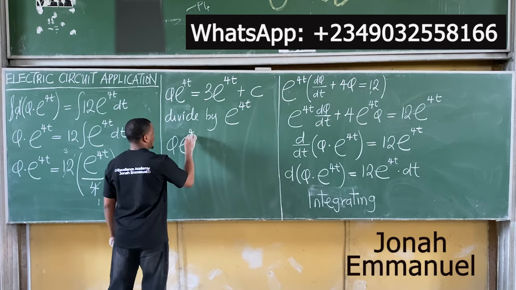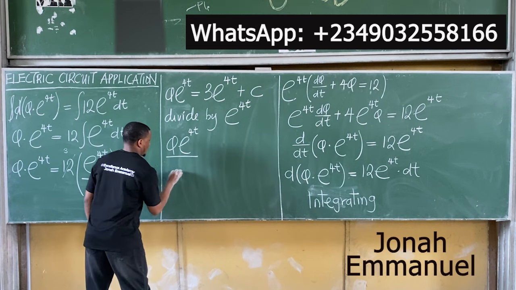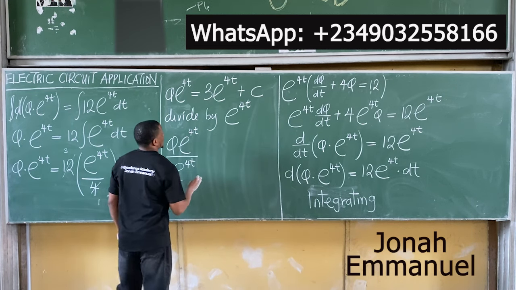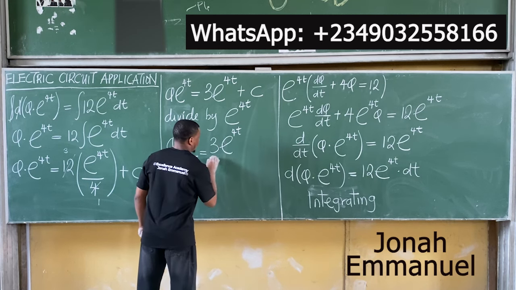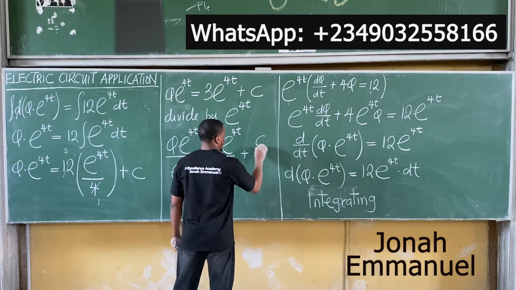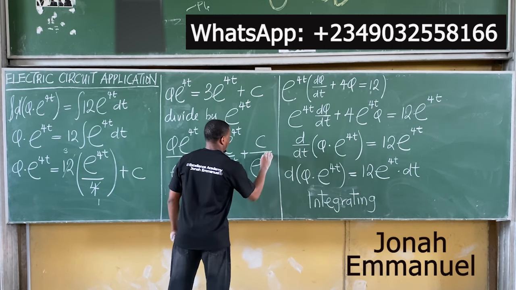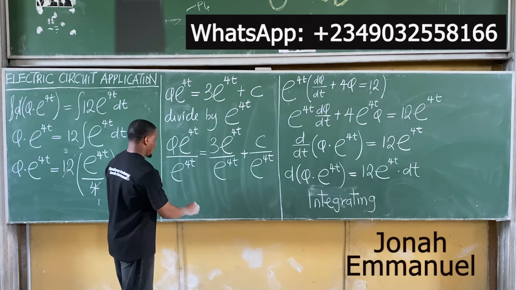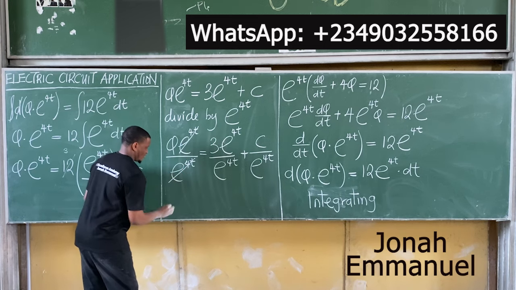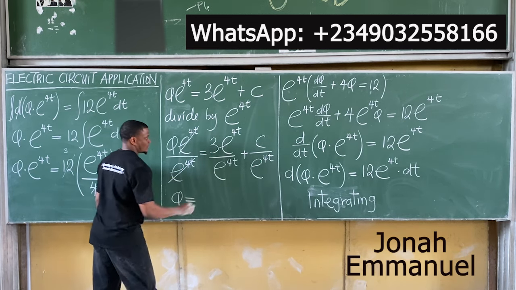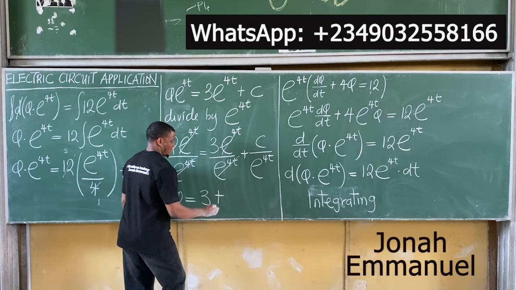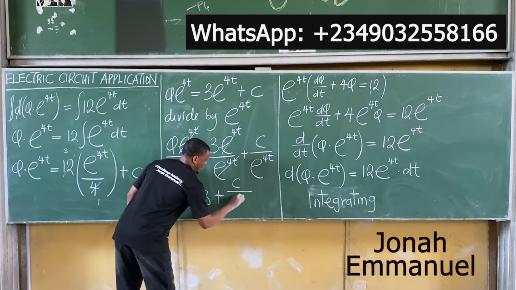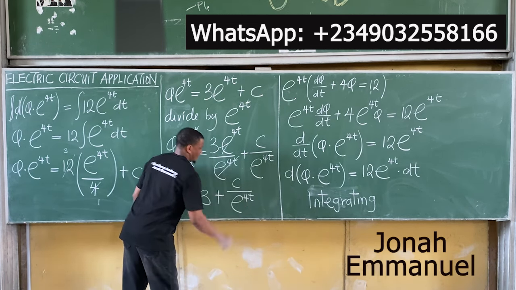So q exponential 4t all over exponential 4t is equal to 3 exponential 4t all over exponential 4t plus c all over exponential 4t. From here, this cancels this. You have that q is equal to 3 plus c all over exponential 4t. You have this.